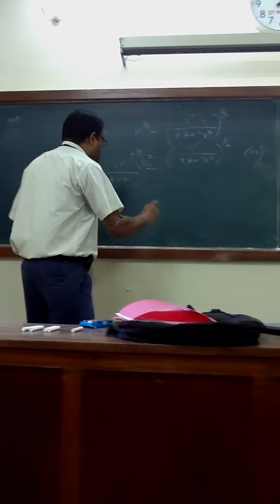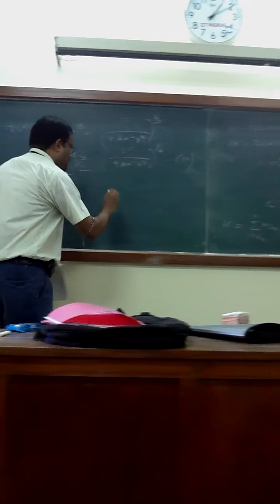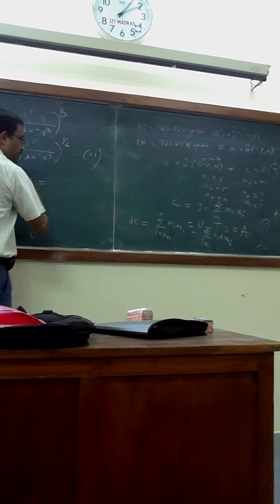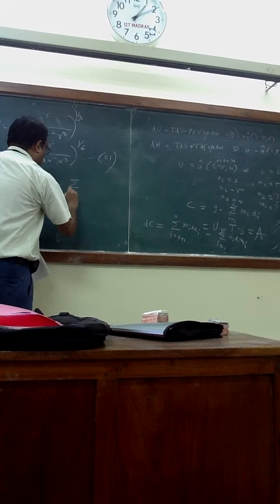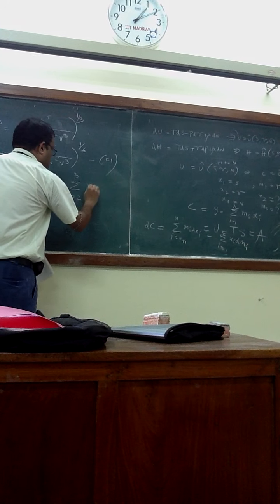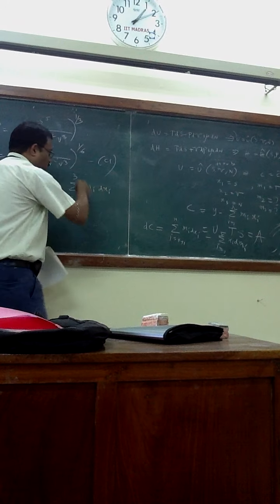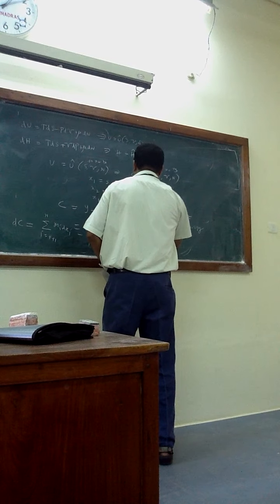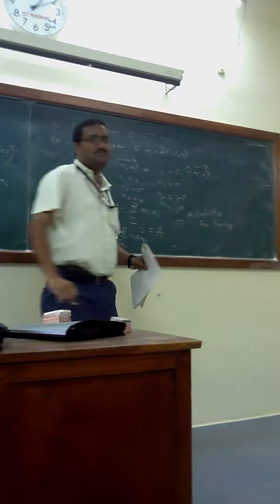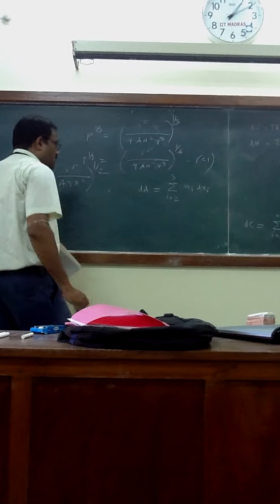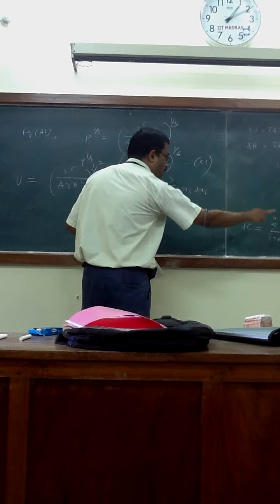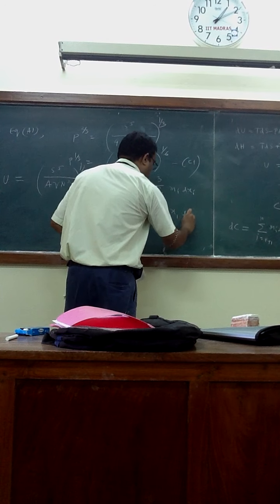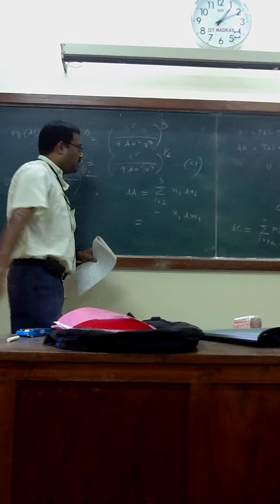What is my dA? Summation i equals 2 to 3 of m_i dx_i. Here you need m2 and m3. Now you can put m2 is minus P, m3 is mu, minus only one term, x1 dm1. What is m2?